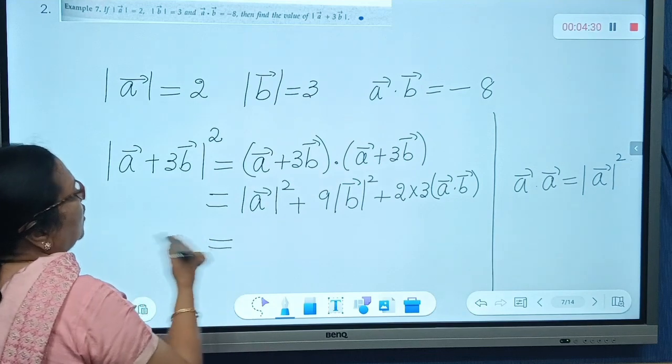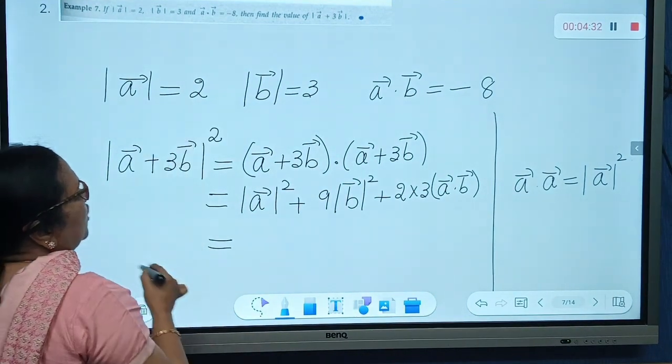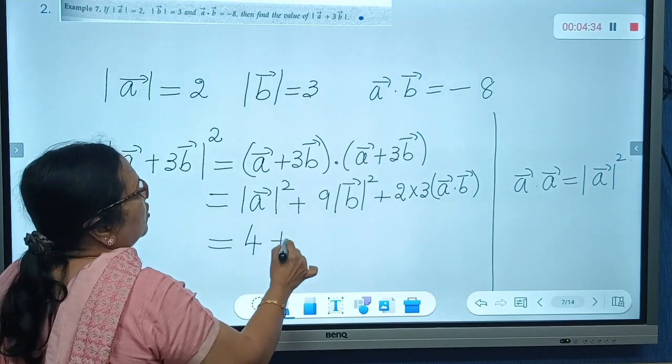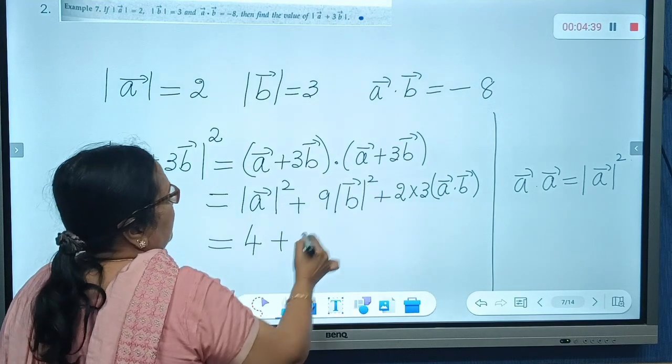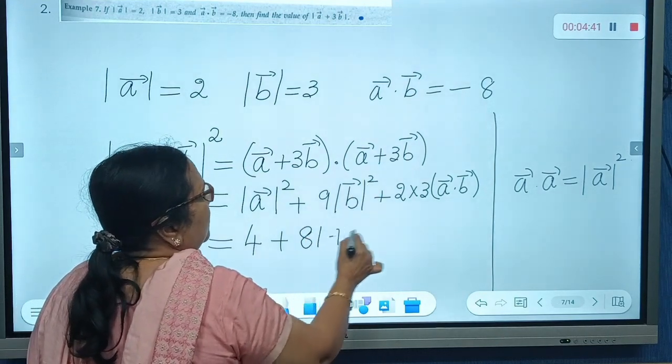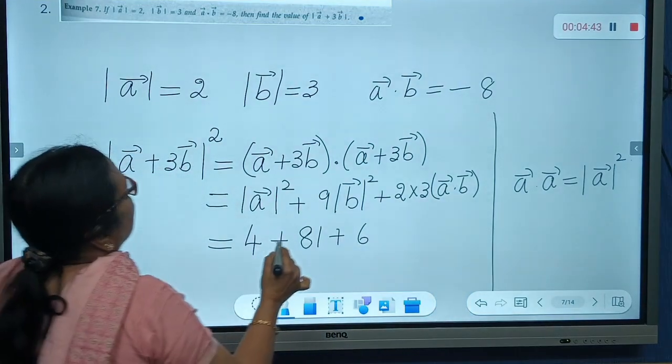Now a vector is given to be 2, so this is 4. B vector is given to be 3, so b square will be 9. So you will get 81 plus 6 into a dot b.